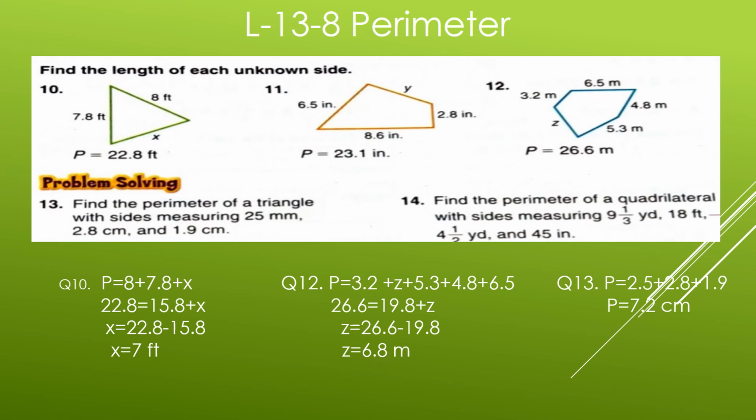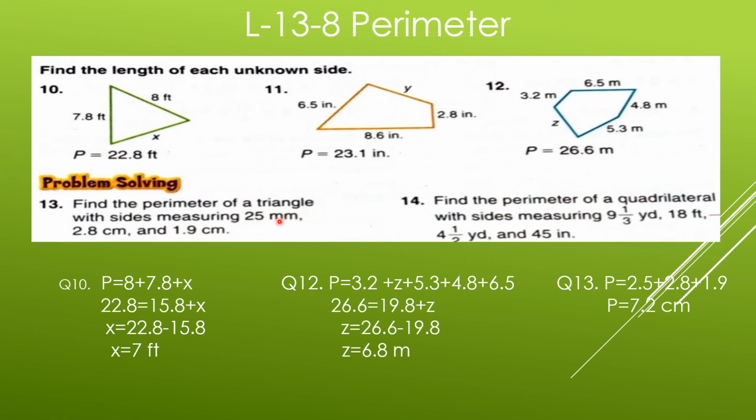I think this one is clear. Then find the perimeter of a triangle with the sides measuring 25 mm, 2.8 centimeter and 1.9 centimeter. For finding the perimeter, this one is important. Here is centimeter, here is centimeter, in this one mm. But you cannot add like this.